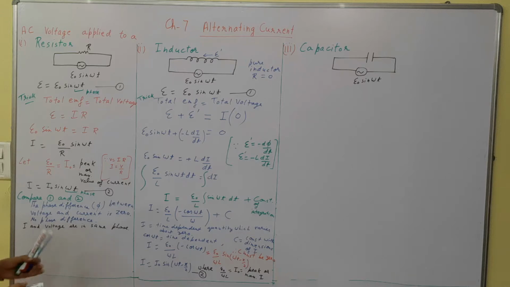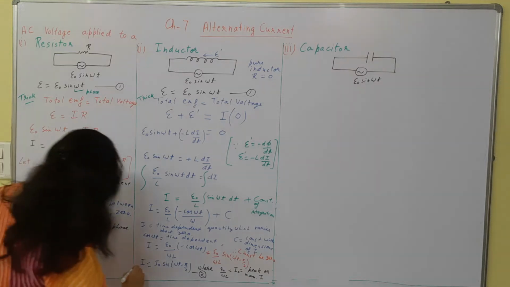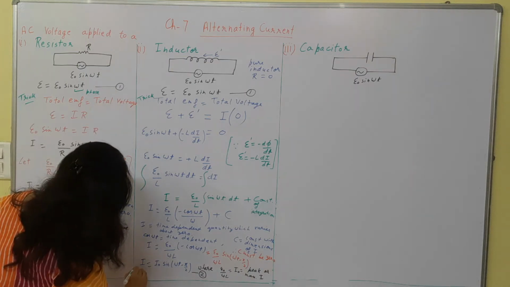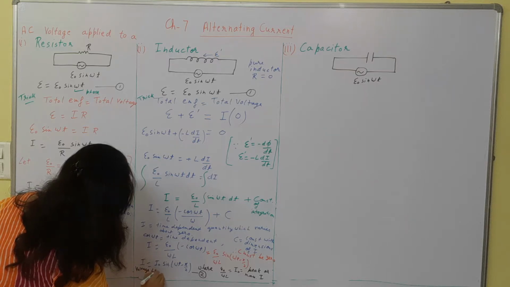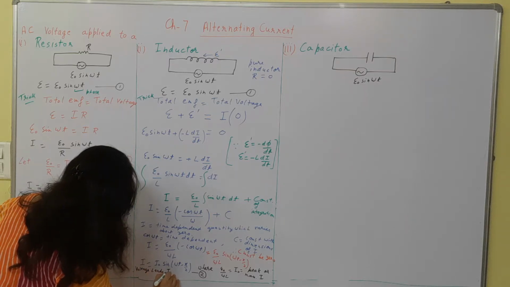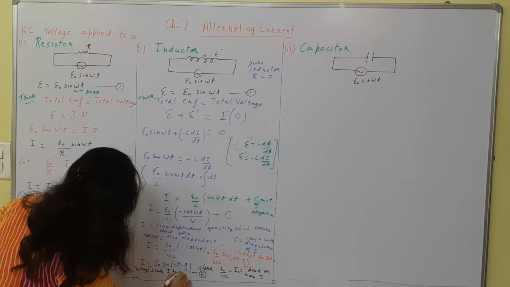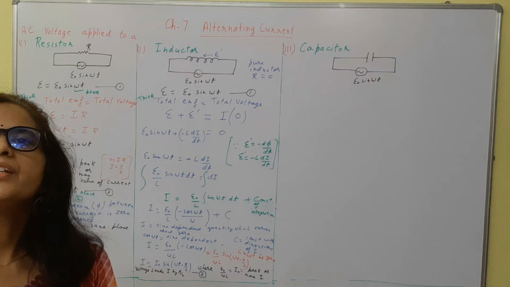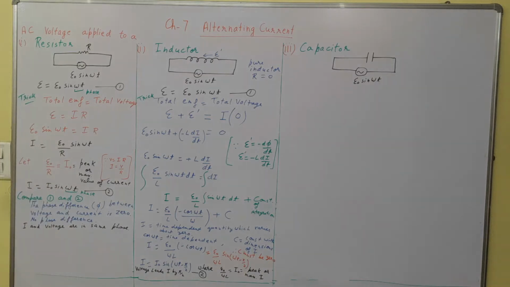So here we don't have space for a comparative statement. I am simply writing in short over here that voltage leads current by pi by 2 in an inductor, right?